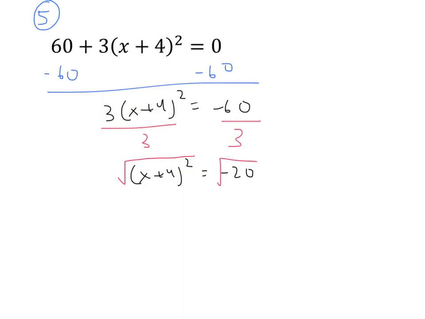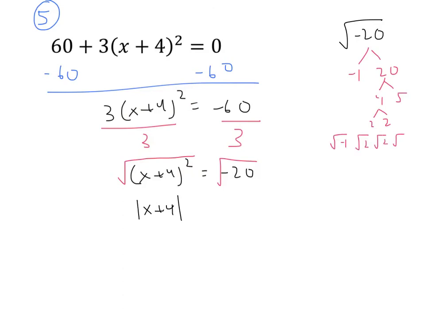The left side is going to simplify to be the absolute value of x plus 4, and then the square root of negative 20. If we simplify that, this was negative 1 times 20. 20 is 4 times 5. 4 is 2 times 2. So this is the square root of negative 1 times square root of 2 times square root of 2 times square root of 5.